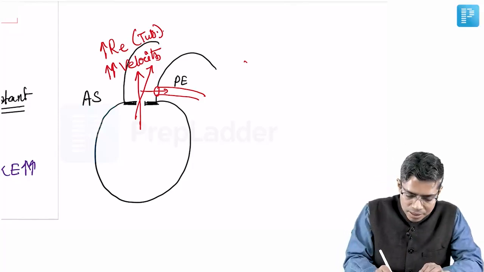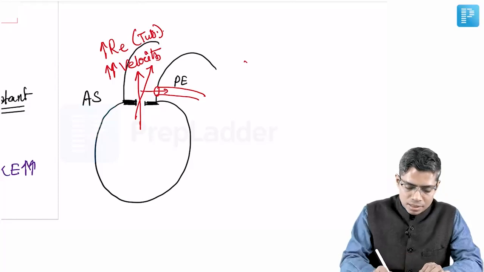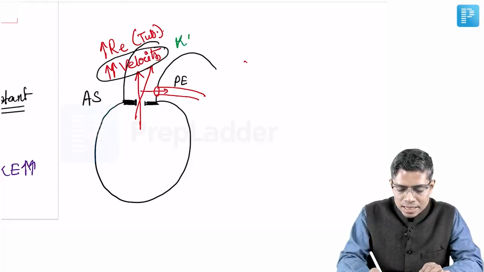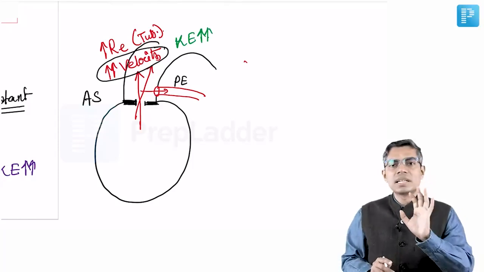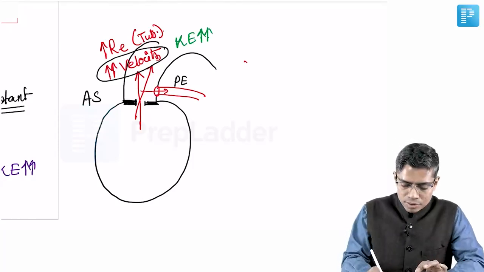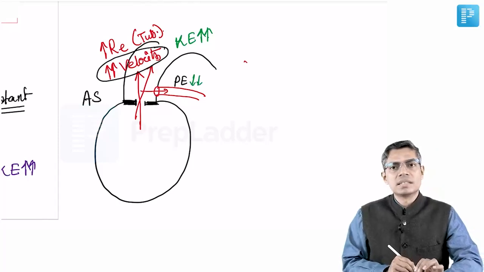But whenever there is aortic stenosis, the velocity is very, very high, due to which the kinetic energy will be higher. But Bernoulli's principle says total energy will remain constant. So what will happen to the potential energy?